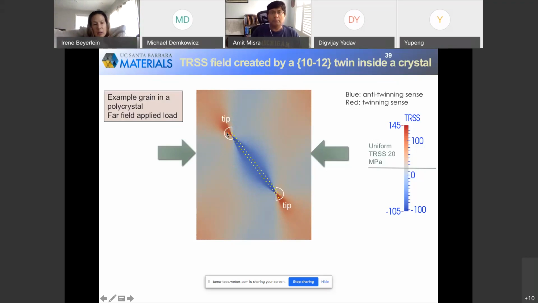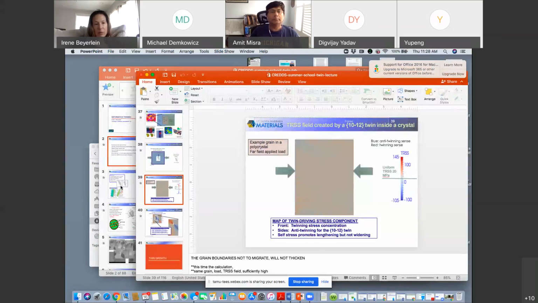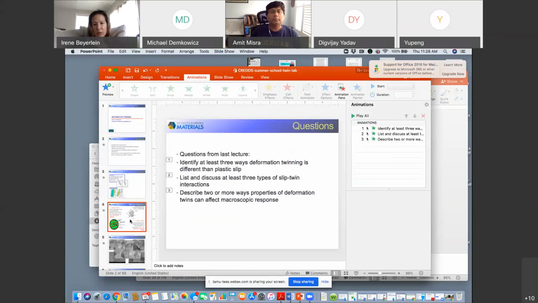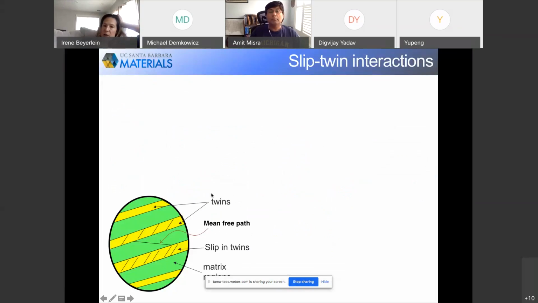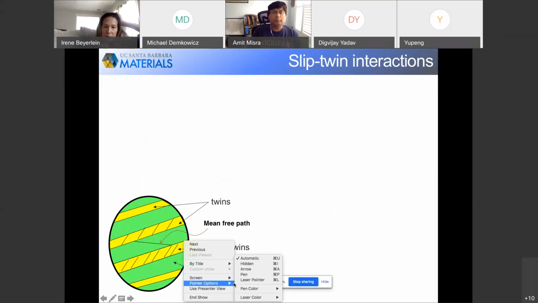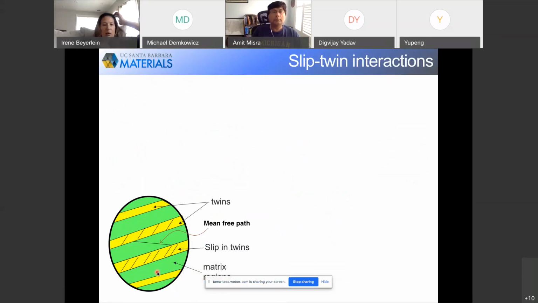So let's see, I'm going to see if I can have a better way of illustrating some of these things. As far as slip-twin interactions, if we take this picture here, we have a grain with multiple twin lamellae, let's say, that have formed. They've reached and are connected to the grain boundaries.